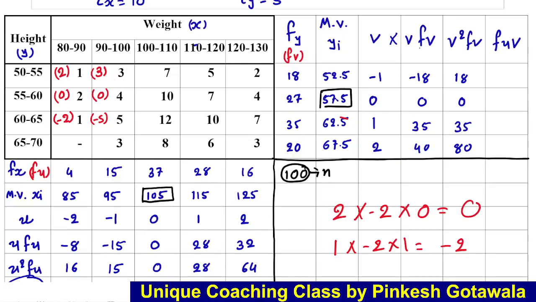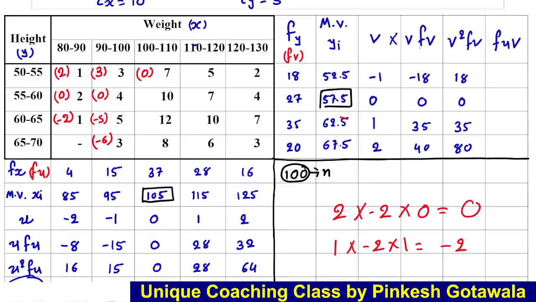Now the next number 3. This side -1 and this side 2. So 3 into 2 into -1, you will get -6. Clear? Now come to 7. Here -1 and here 0. Now 0 into 7 into -1. Anything multiplied with 0 becomes 0.